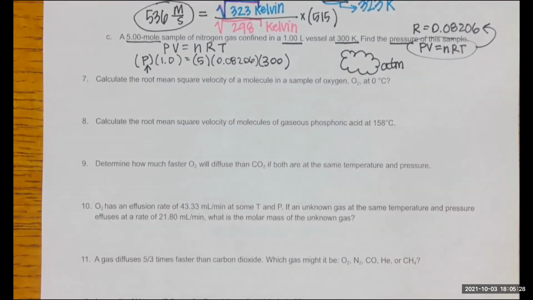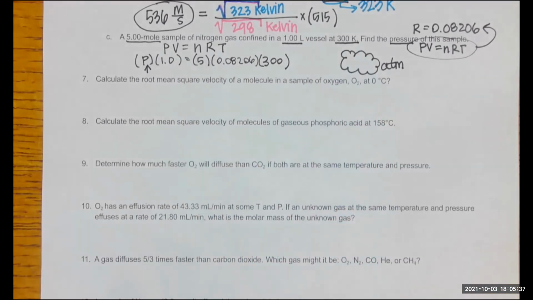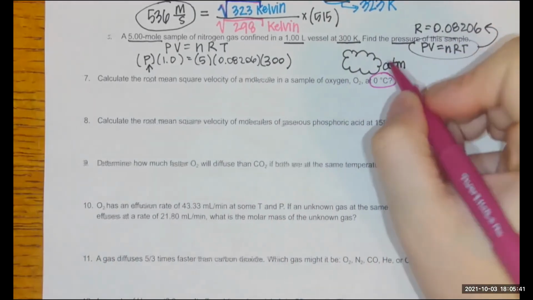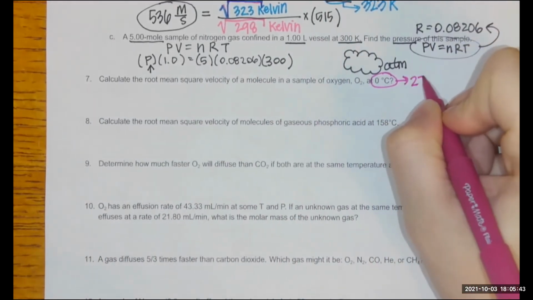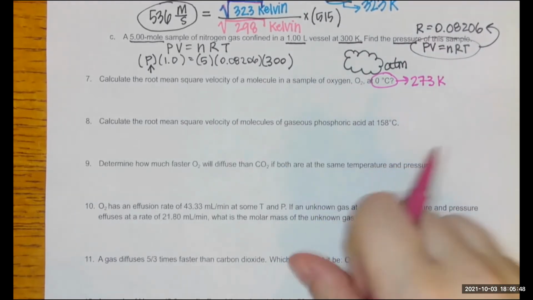Calculate the root mean squared velocity of a sample of oxygen O2 at 0 degrees Celsius. 0 degrees Celsius is 273 kelvins.